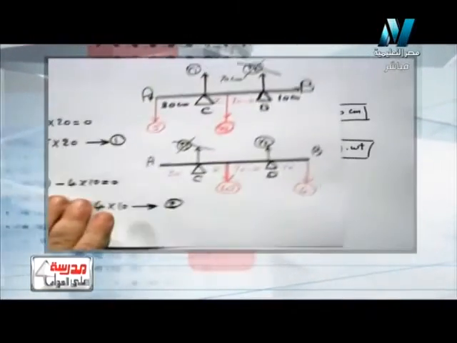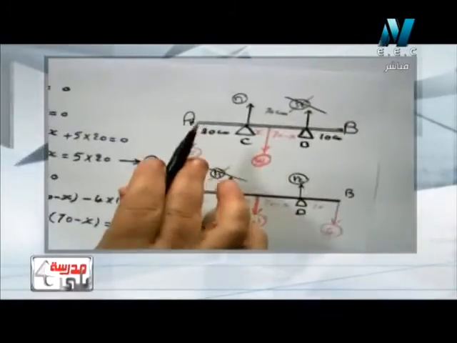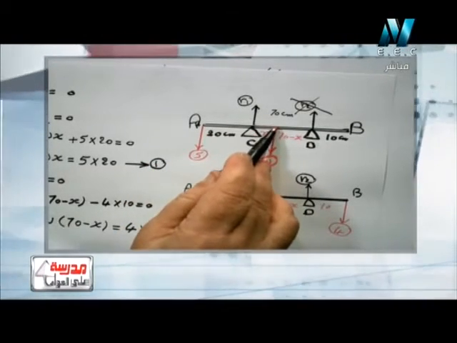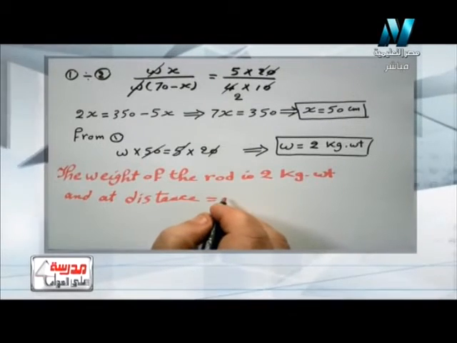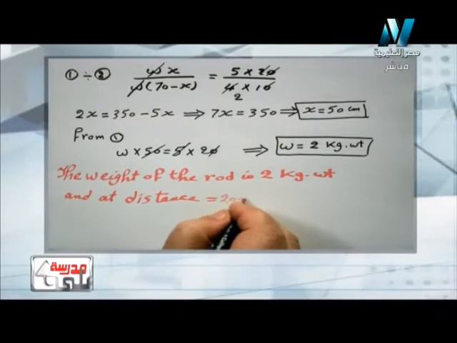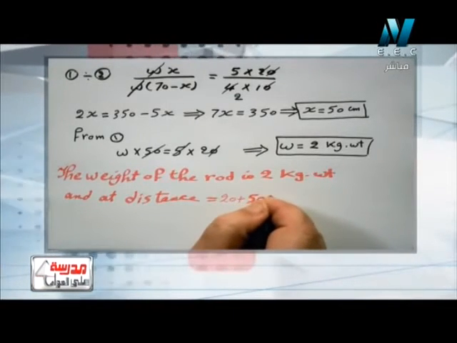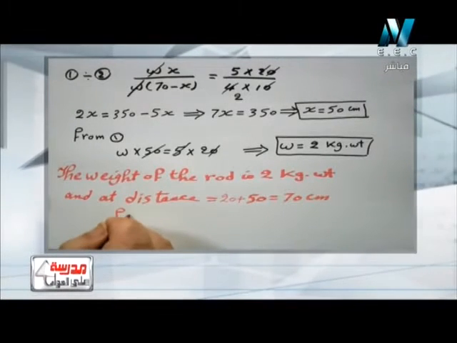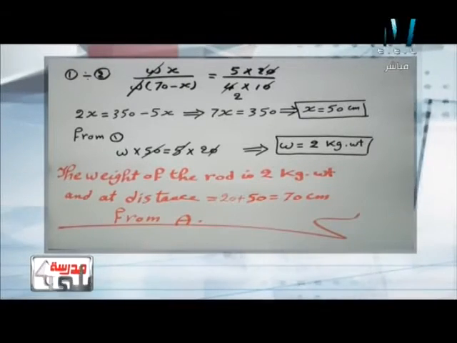We find x is equal 50 centimeter and AC 20 centimeter. Therefore, the distance of the weight from A is 20 plus 50. It is equal to 70 centimeter. وهقولها له كده from A. This is the final answer.